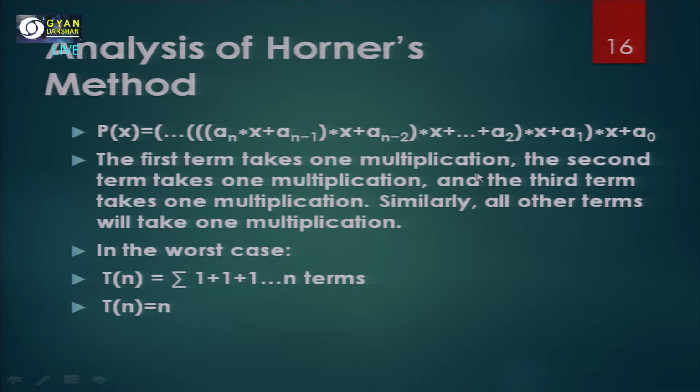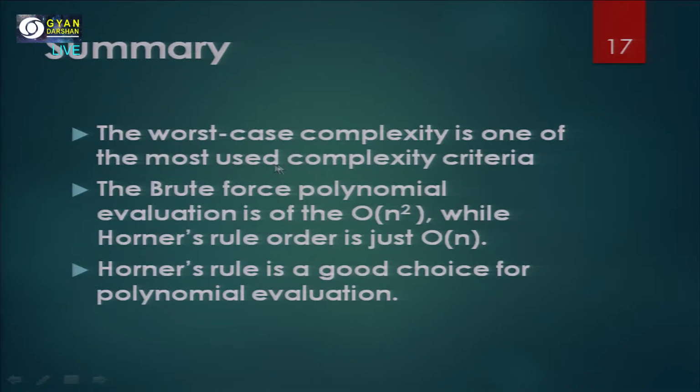And the big O notation was n square in the brute force method. So which method is supposed to be faster? Well, the worst case complexity is one of the most used. So in summary, the worst case complexity is one of the most used complexity criteria. The brute force polynomial evaluation is of order n square, while Horner's rule is just of the order of n.